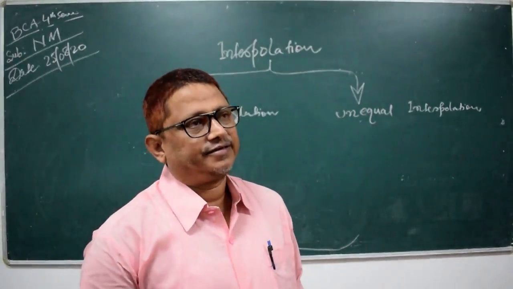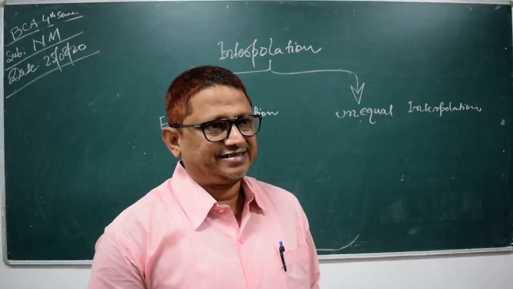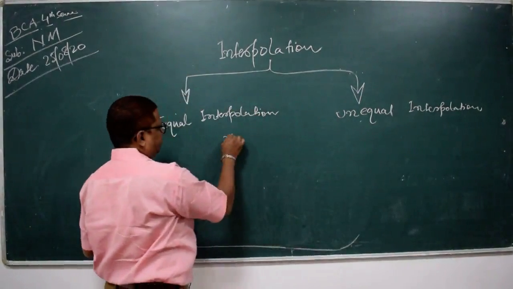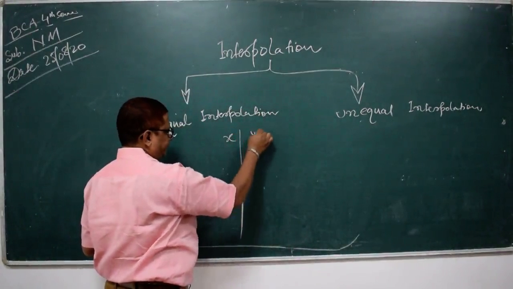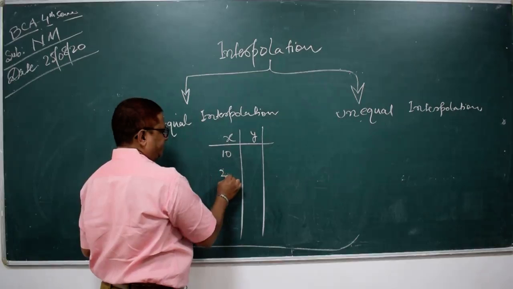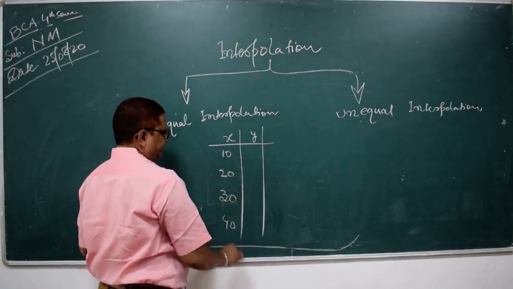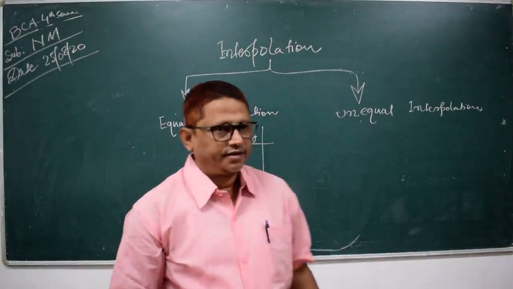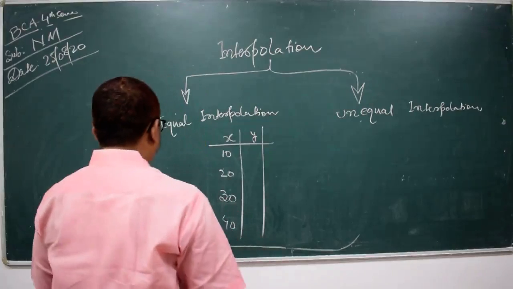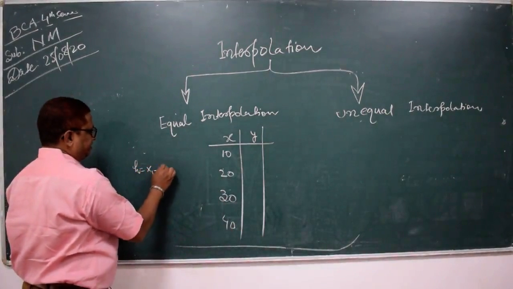In this method of interpolation, if the value of x is equal, suppose for example, this is the value of x and this is the value of y. If the values of x are in this form, 10, 20, 30, 40, it means the interval is equal. What does the interval mean? We find the interval with the help of h equal to x1 minus x0.